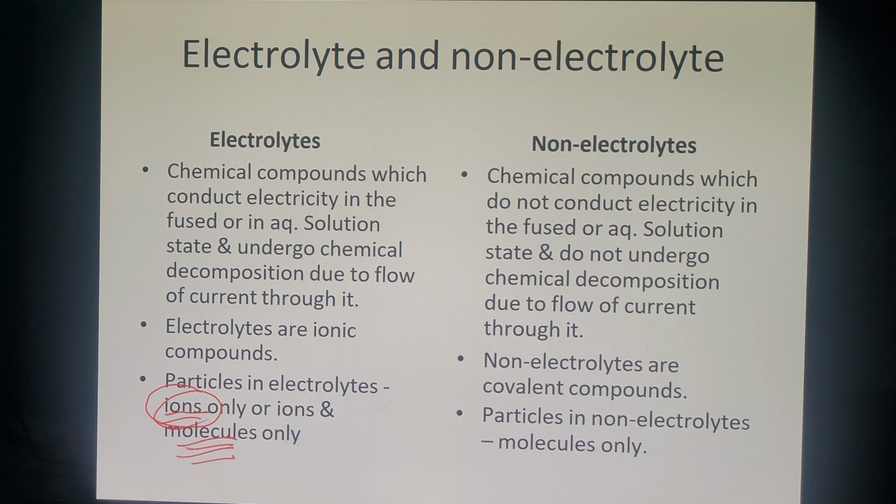Whereas non-electrolytes, as I told you, whenever there's a covalent compound, mostly it is made up of molecules, such as hydrogen molecule, any non-metal, chlorine molecule, HCl molecule, NH3 molecule. So please remember, if they have ions, only then they will be able to conduct electric current through it. Whereas if they have molecules, molecules are not able to conduct electric current through it.